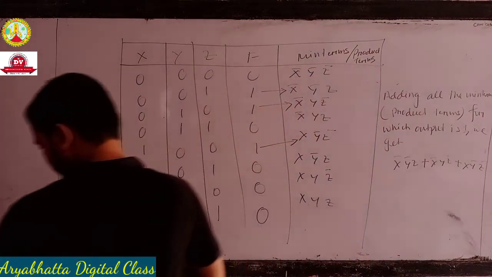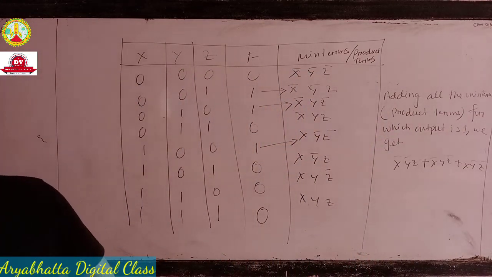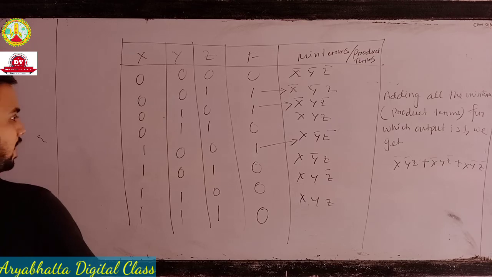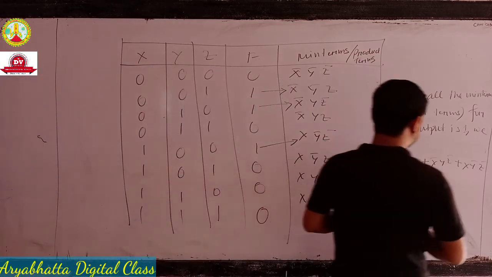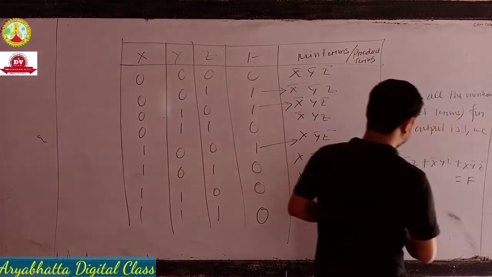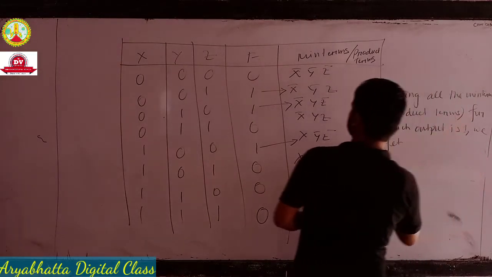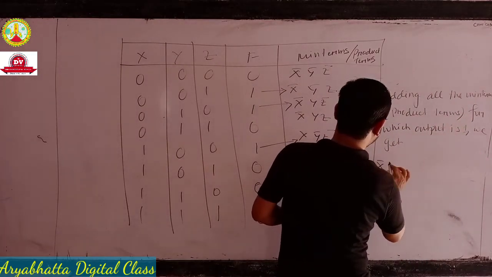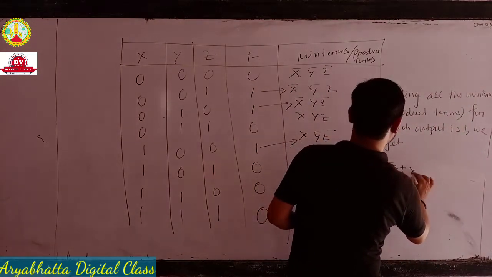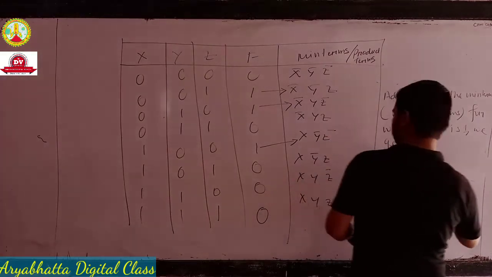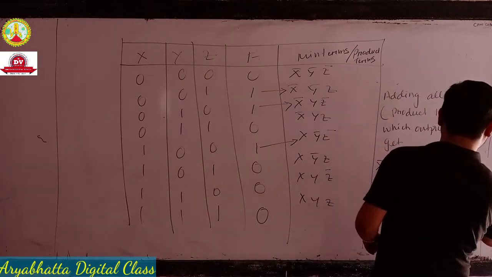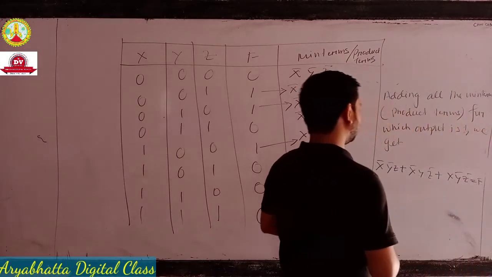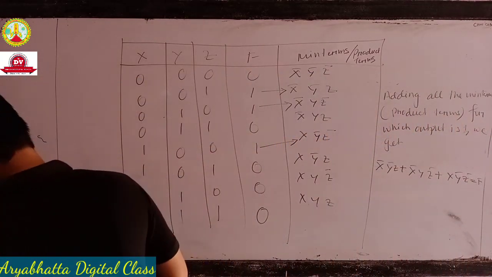That is the result. You can write it in one line like this: x bar, y bar, z plus x bar, y, z bar plus x, y bar, z bar is equal to F. That is your result. Okay.